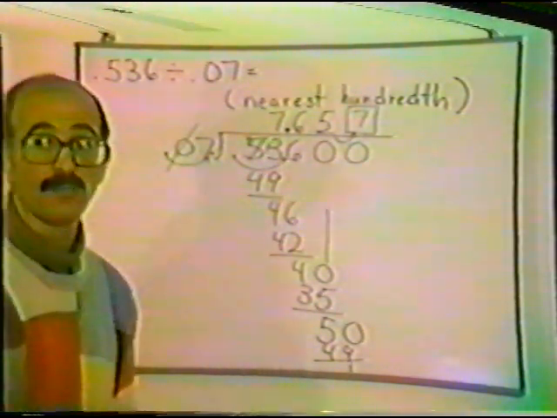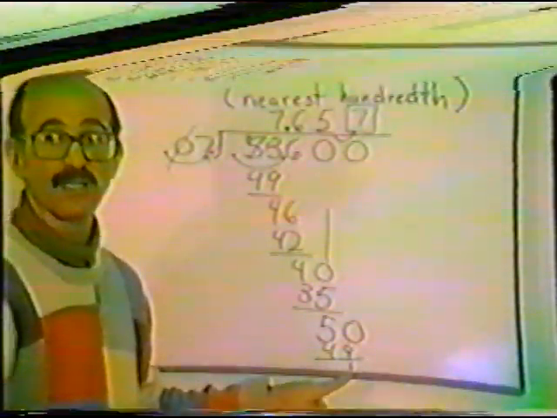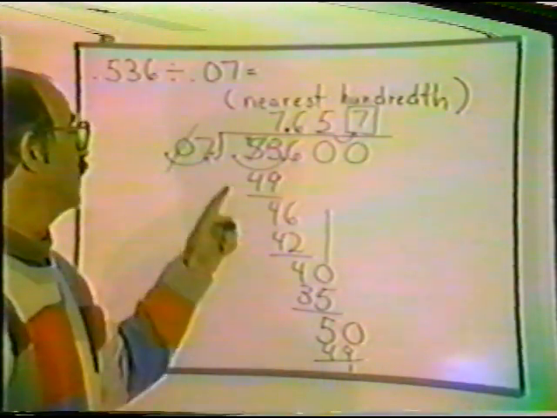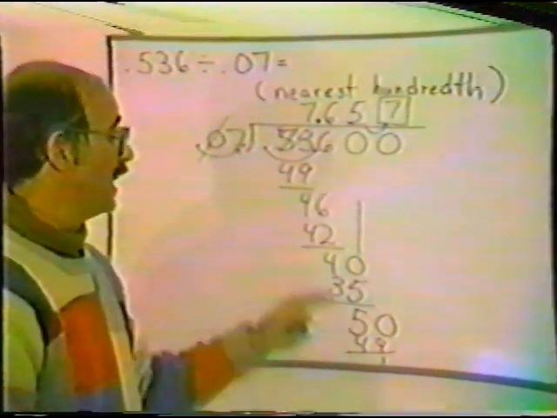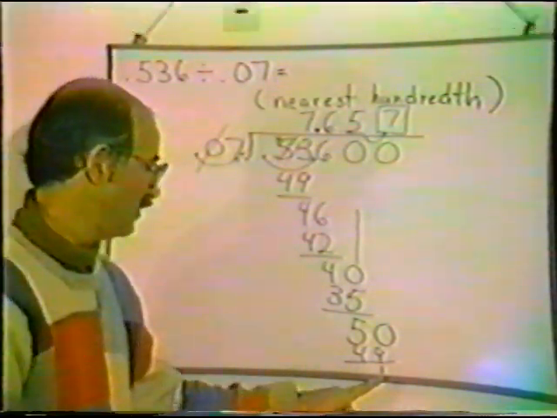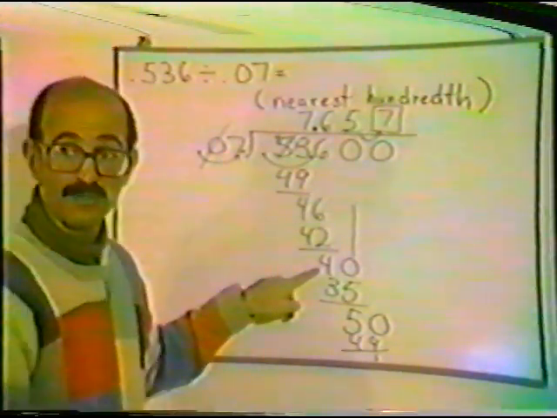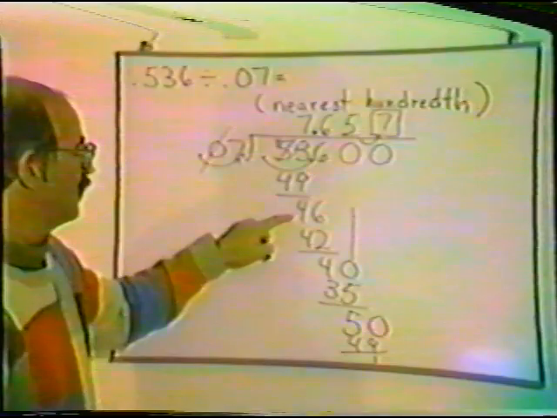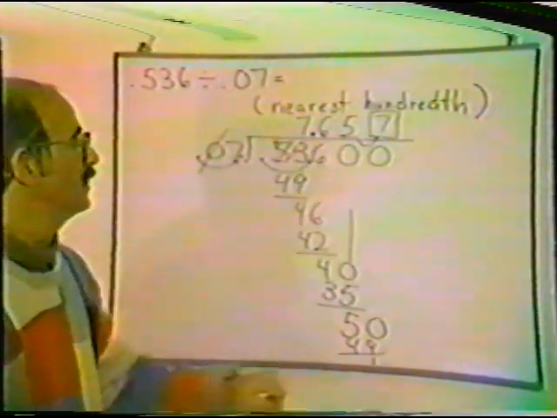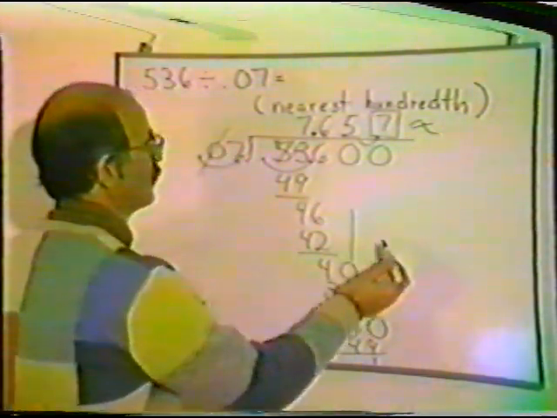We're not going to bring down another 0, but it's good to do this subtraction just to make sure that the remainder is always less than the number we're dividing by, and that has to be true every time we subtract during the division. Here, the 5 is less than 7. The 4 that we got when we subtracted is less than the 7, and so is this one. We see we do have something in this box, and we're now ready to round off our answer.